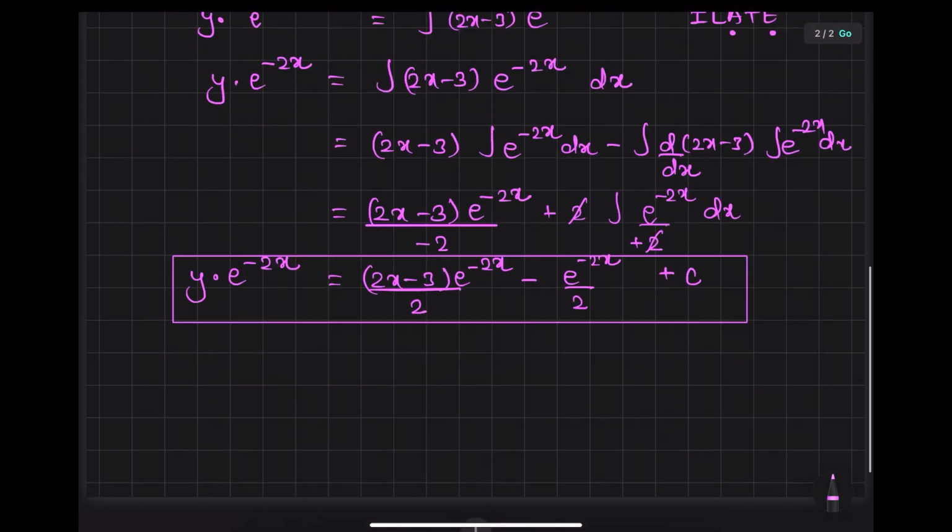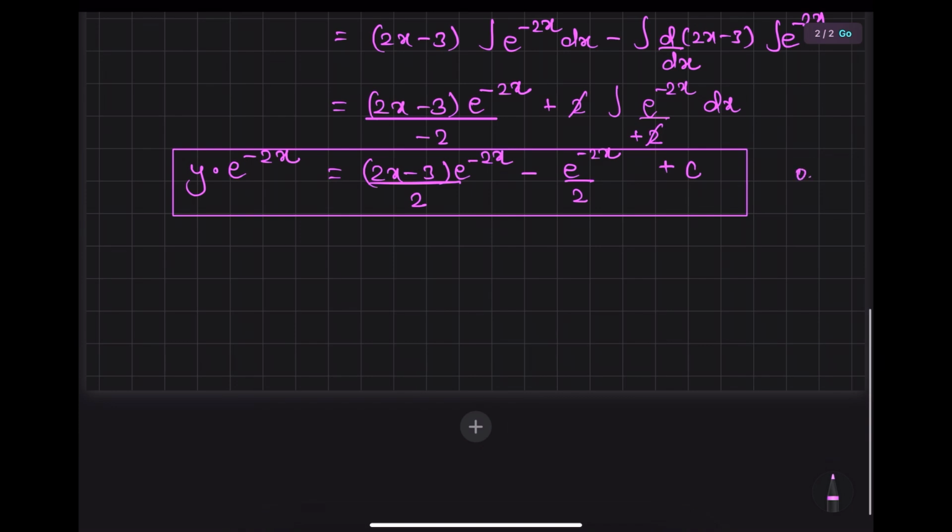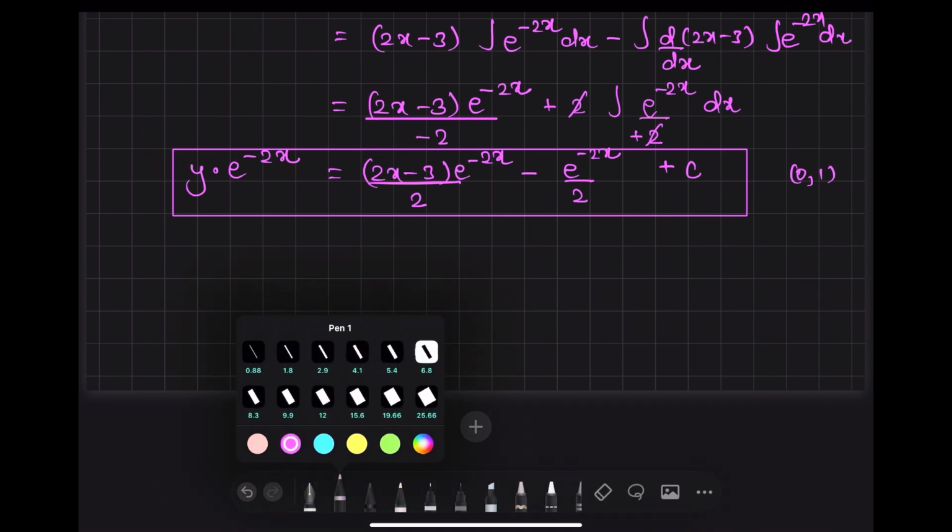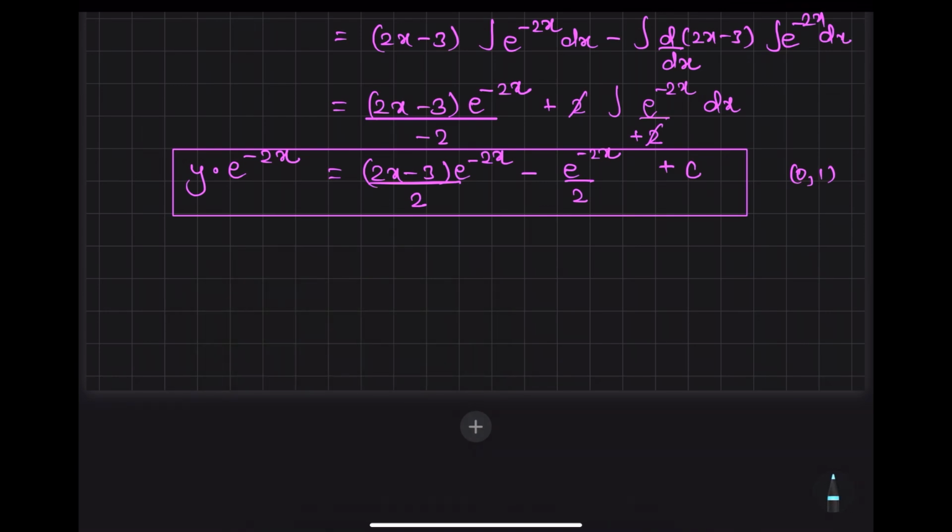This is a unique question, you should keep this kind of thing in mind. So the curve is passing through 0 comma 1. Now replace x with 0, y with 1. So we have 1 times e power 0, which is 1, is equal to minus 3 by 2.